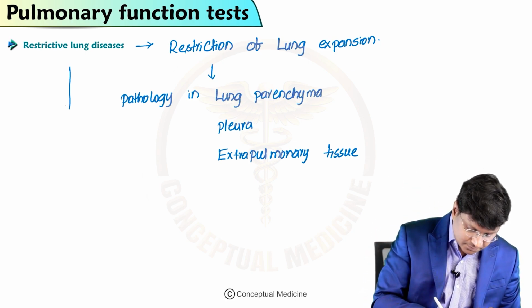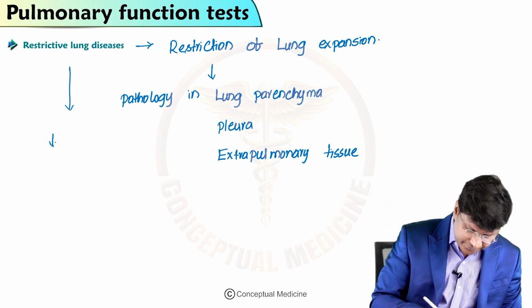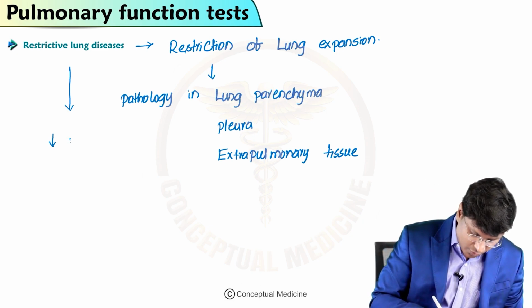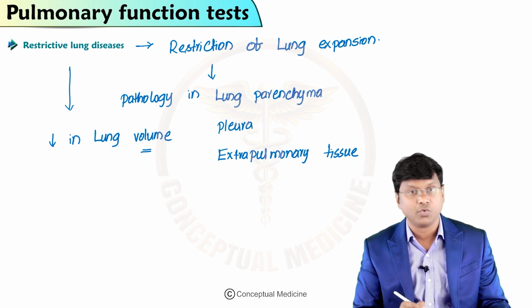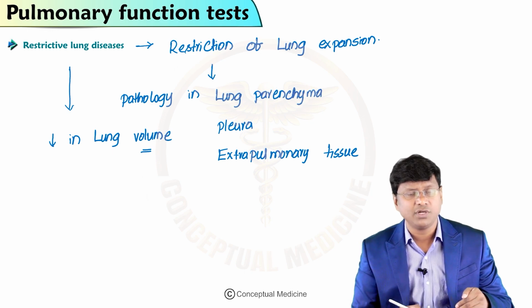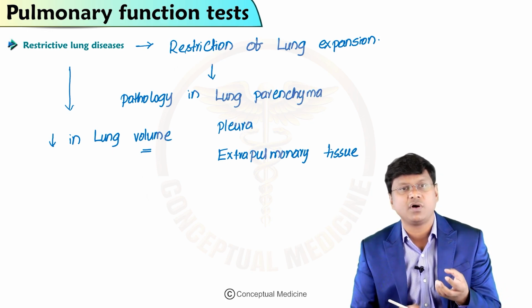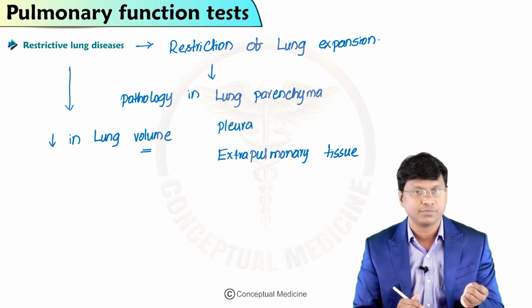So now what will happen in the restrictive lung disease? Definitely there is decrease in the lung volume. Okay, so why is there decrease in the lung volume? Because there is restriction of the expansion of the lung. Why? Because of pathology in the lung parenchyma or in the pleura or in the extrapulmonary tissue. What is that? I will tell you.